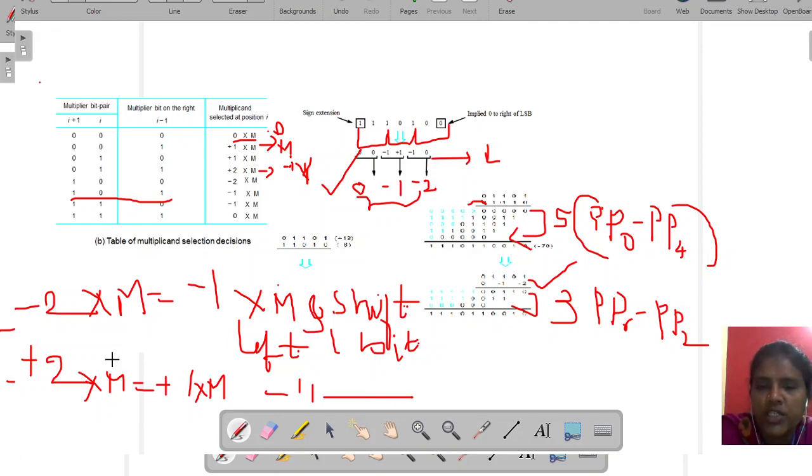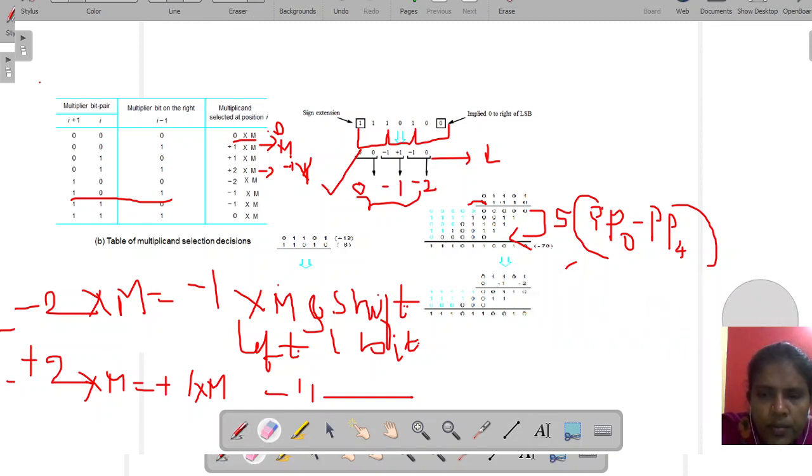This is the addition part. Now how did you get it here? I'll erase this and show you. So minus 2 times the multiplicand: the multiplicand is 0 1 1 0 1. Minus 2 into m is minus 1 times m, so take the 2's complement of it, 1 0 0 1 1. I'll write it directly. This is the 2's complement of m.